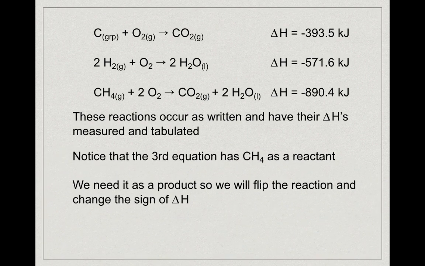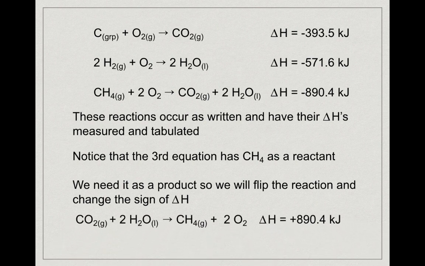Notice that that third equation has the CH4 as a reactant. We're going to need it as a product because it's the product of our main reaction. So we're going to take that third reaction written up there and we're going to flip that reaction and change the sign of delta H. So we now have that third reaction, CO2 plus 2H2O goes to CH4 plus 2O2.